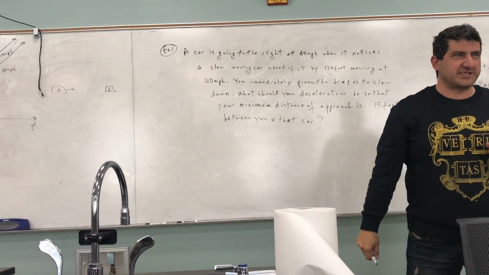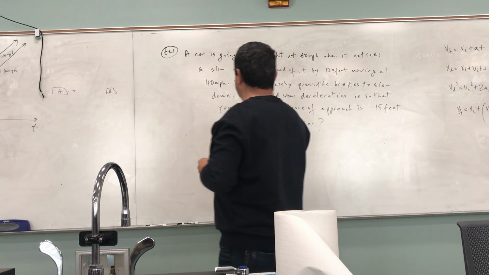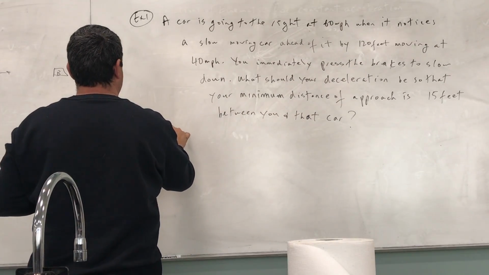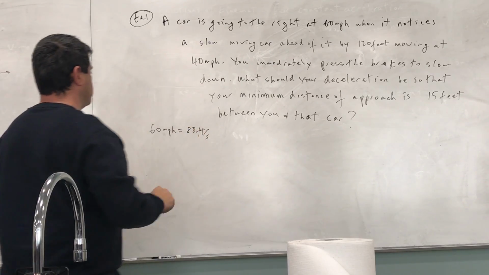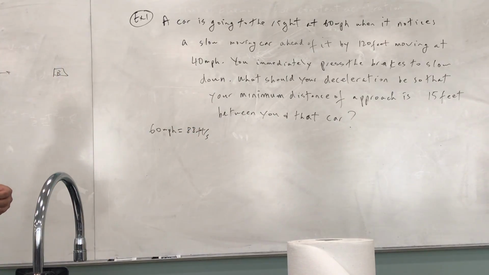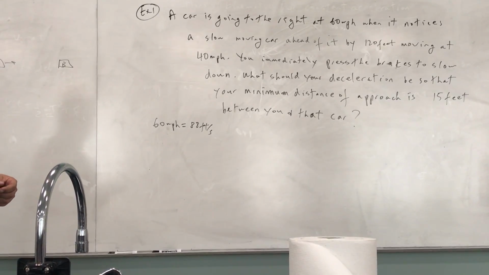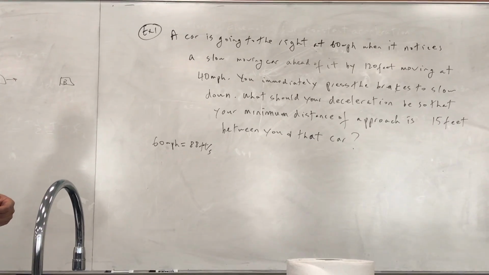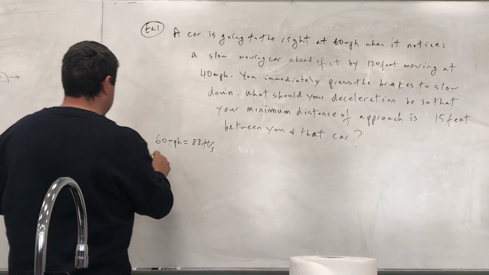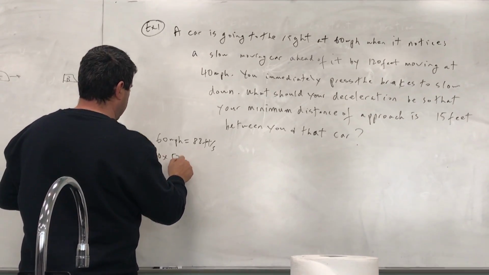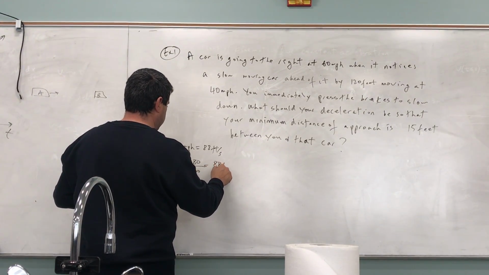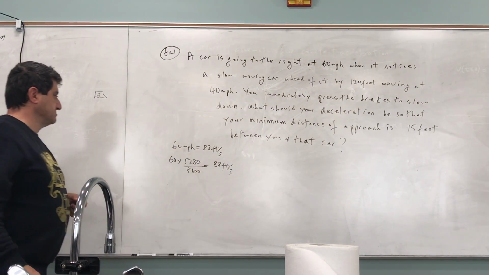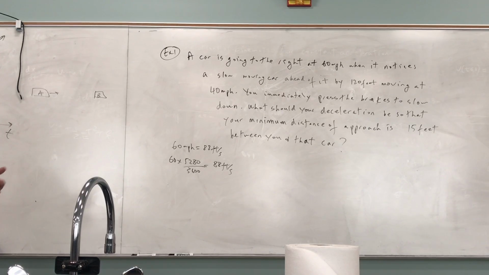60 miles an hour is an easy one to remember. It's 88 feet per second, because 1 mile is 5280 feet, right? And 1 hour is 3600 seconds. So if we multiply this by 5280 over 3600, we get 88. So then 40 miles an hour will be what? 4/6 of 88.